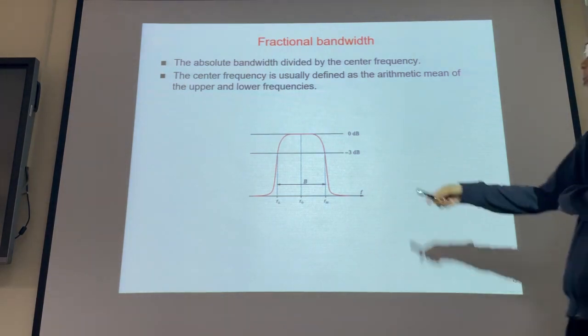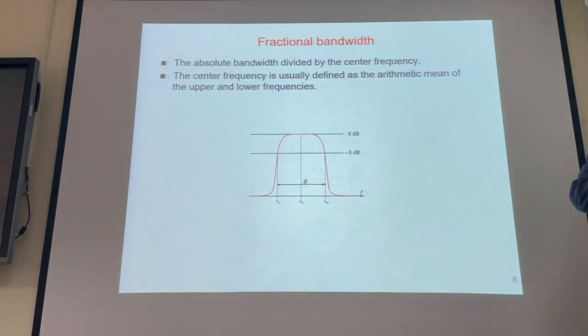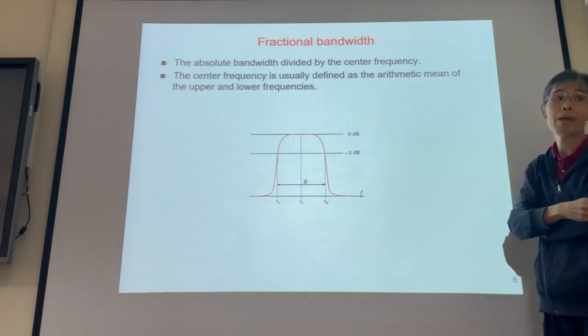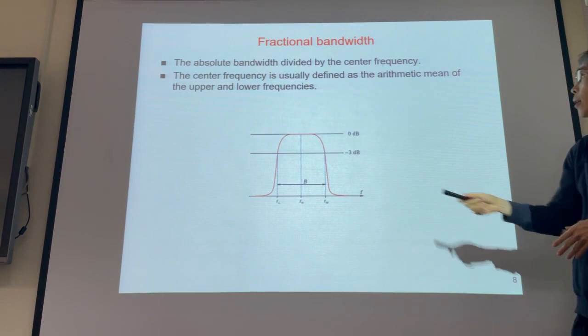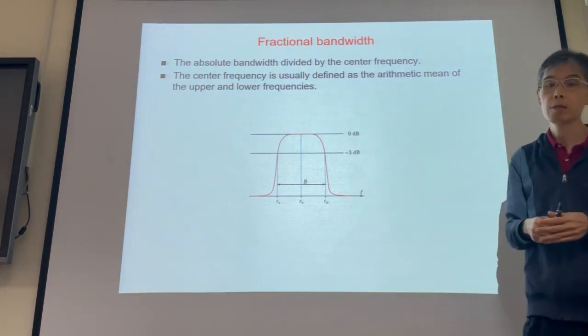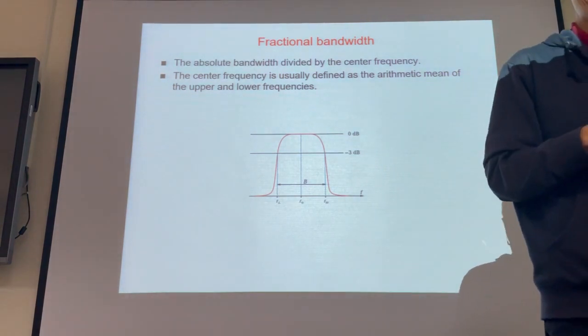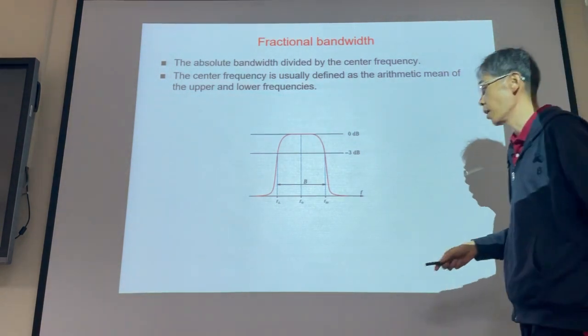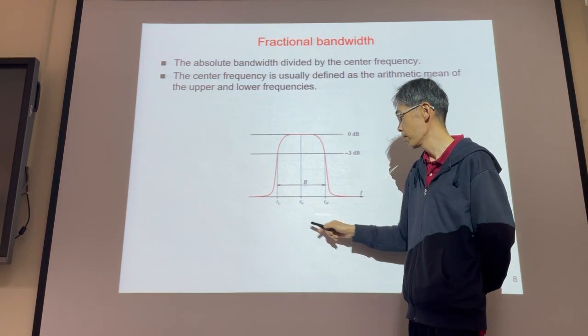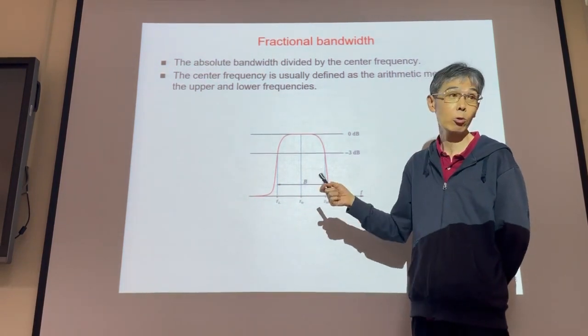Bipa, could you read the second point? The center frequency is usually defined as the arithmetic mean of the upper and lower frequencies. Okay, mean is the average, and arithmetic mean means we have a lot of ways to calculate average. You can say FL squared plus FH squared divided by 2.